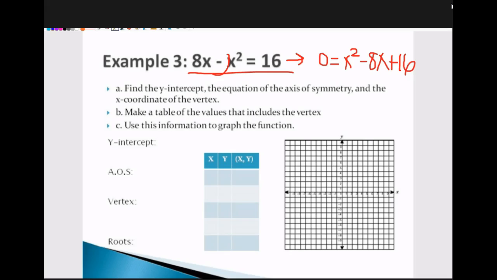So when solving an equation like this without the y, our graphs can actually flip-flop each other. Some open up, some open down, but their roots are identical. So my y-intercept is 0, 16. My AOS is 4.